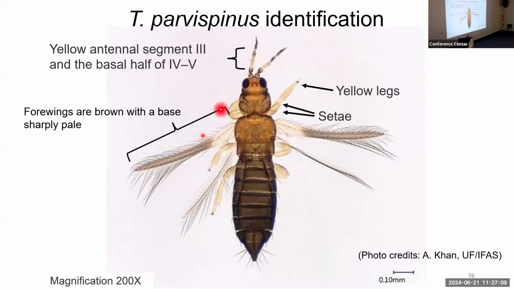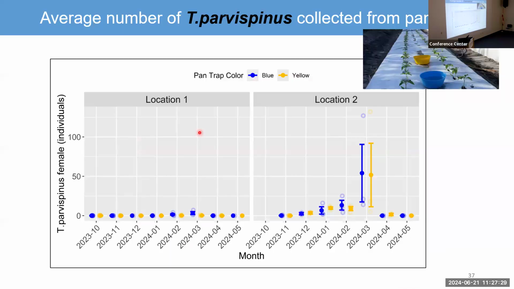Also, we were looking for the yellow antennal segment in the third, and the basal half in the fourth and fifth that were yellow color. Also the legs, and here in the pronotum, this characteristic is from Thrips parvispinus.